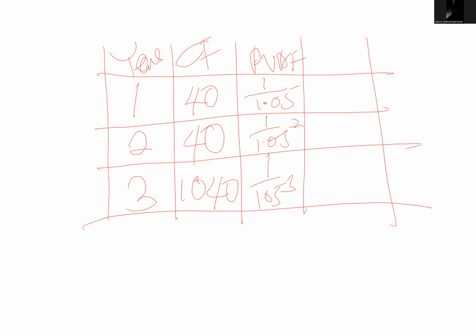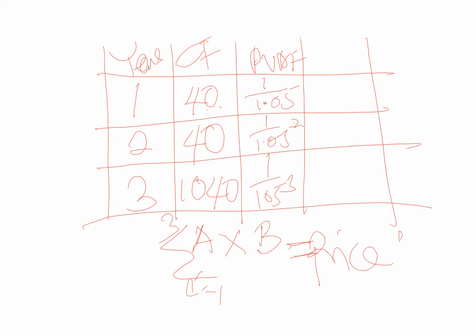Let me call the cash flow column A and the discount factor column B. If you multiply 40 times 1 over 1.05, then 40 times 1 over 1.05 squared, then 1040 times 1 over 1.05 raised to the power 3, and sum them from period 1 to period 3, what do you get? That is the present value, the price of the bond.